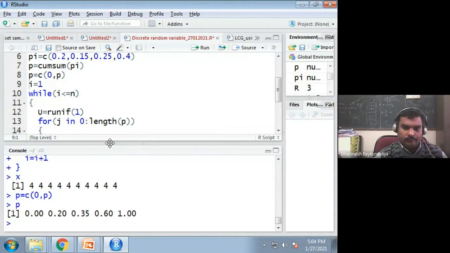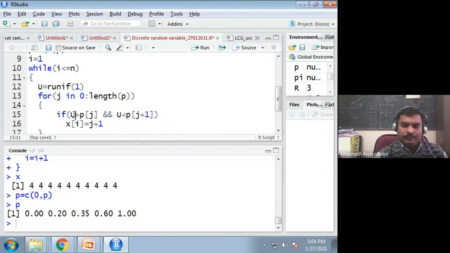The first value is 0. Okay. So here you are assessing that if u is greater than pj, yes, and less than pj plus 1, then assign xi equal to this. Is it working?